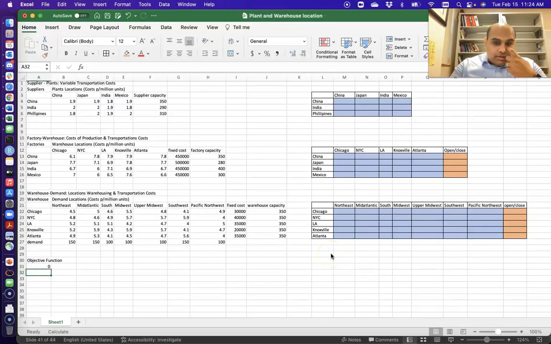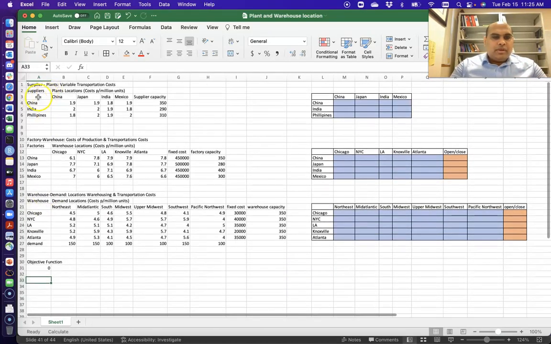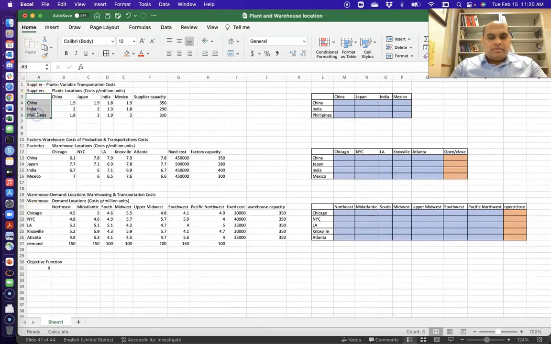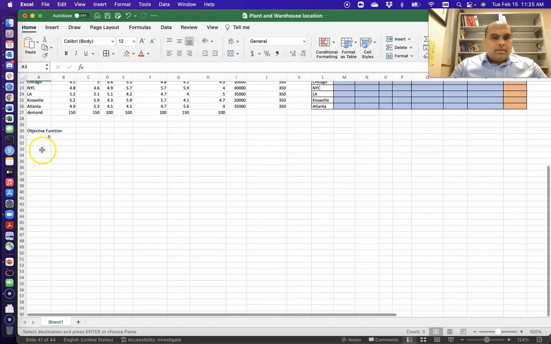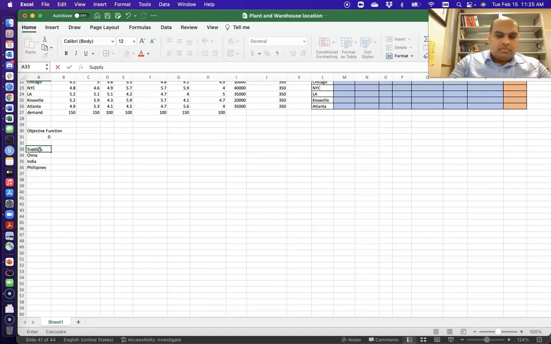Let's begin with the supply constraint. I'm going to write supply constraints first, and these are for my suppliers. So let me copy that over. Supply constraints.